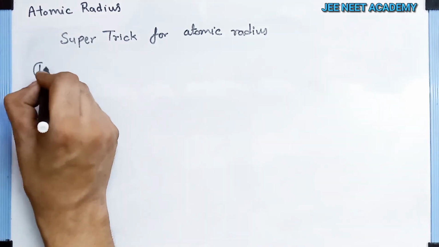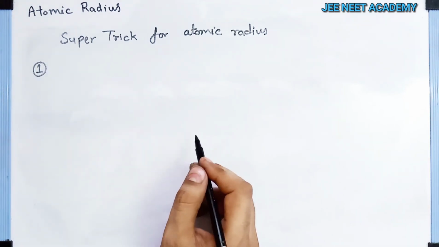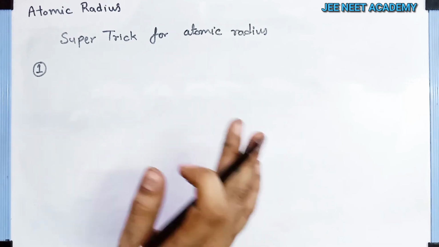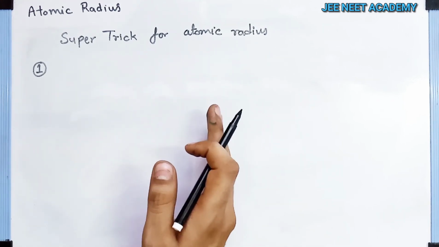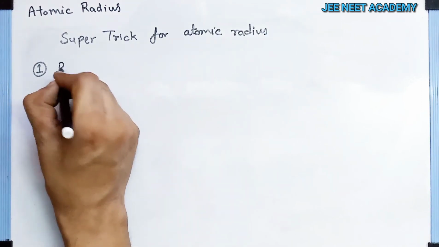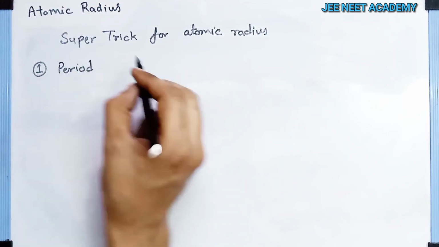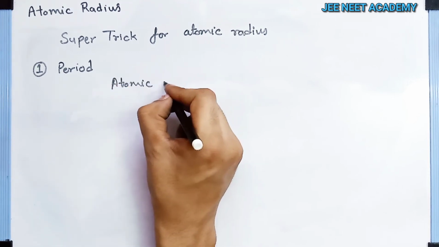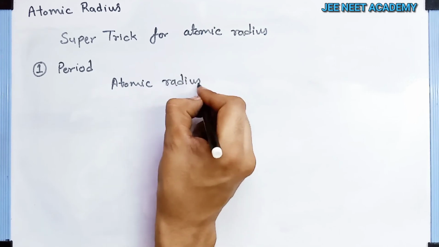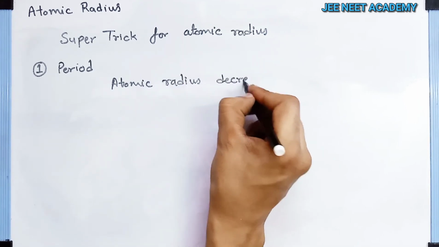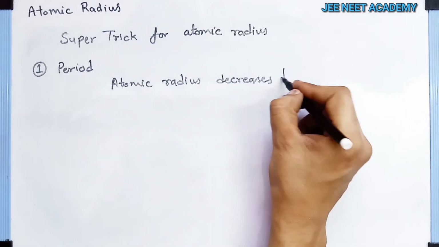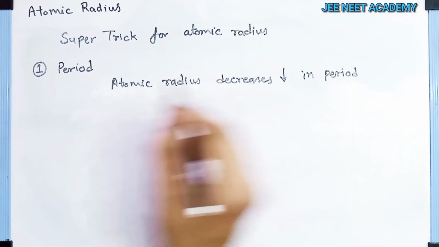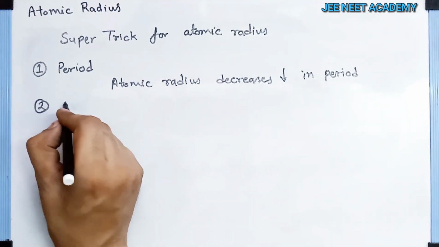First we will see in a period. In a period of the periodic table, atomic radius decreases from left to right. Atomic radius decreases in a period. Second, in a group.